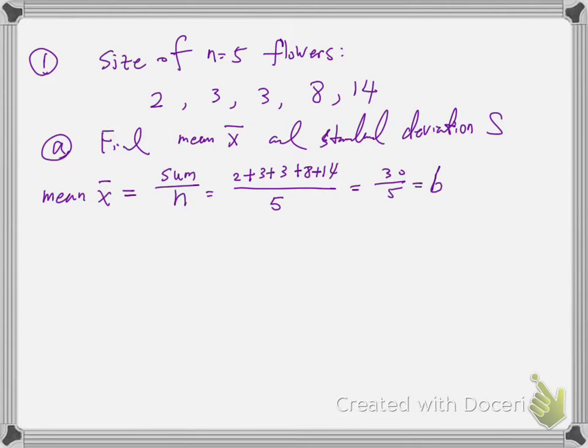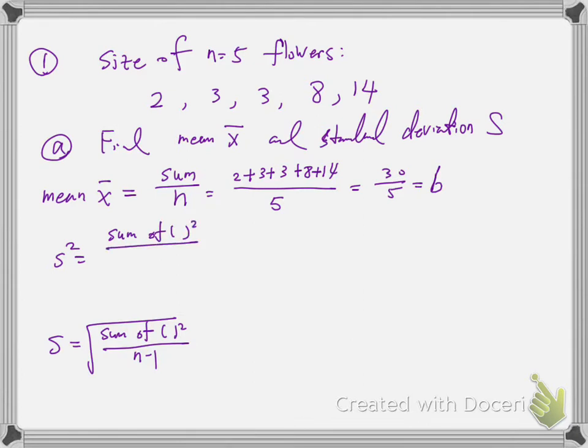Now the formula for s is the square root of the sum of squares divided by n minus 1. Or sometimes we find s squared first. What's in this parentheses is x minus x bar.